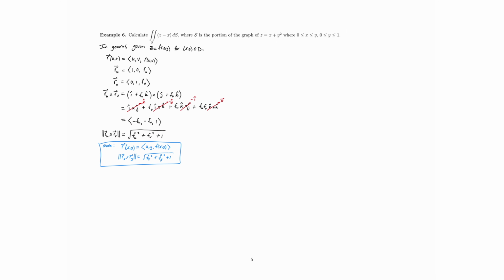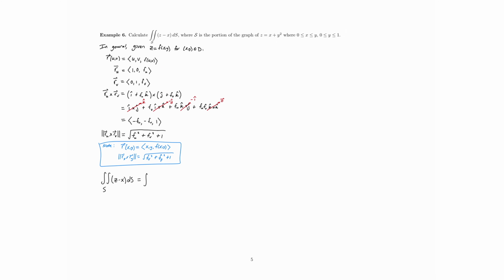So in this case, the double integral over the surface S of z minus x dS would look like the following. Well, what would our domain be? Well, let's actually go up here for a second.